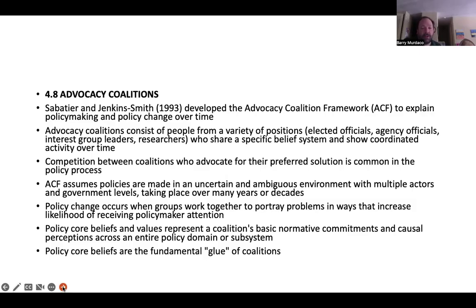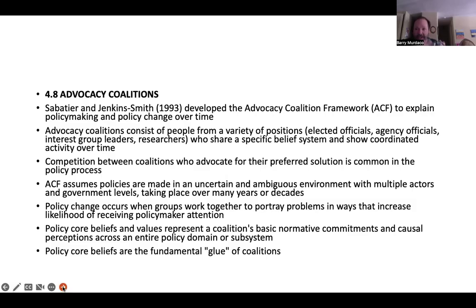receiving policymaker attention. Policy core beliefs and values represent a coalition's basic normative commitments and causal perceptions across an entire policy domain or subsystem. So, environmental policy, healthcare policy, things like that. Policy core beliefs are the fundamental glue of coalitions.